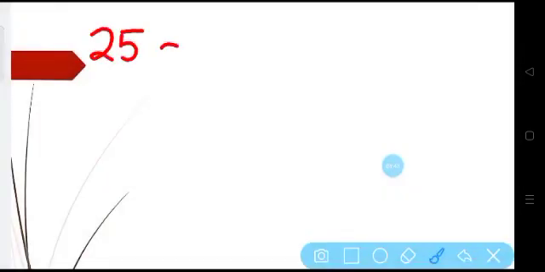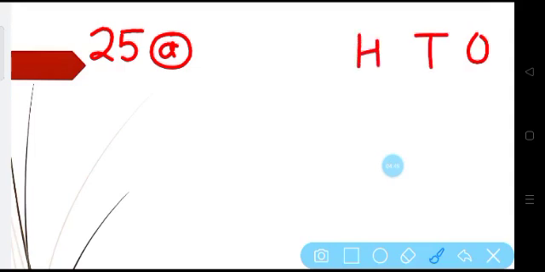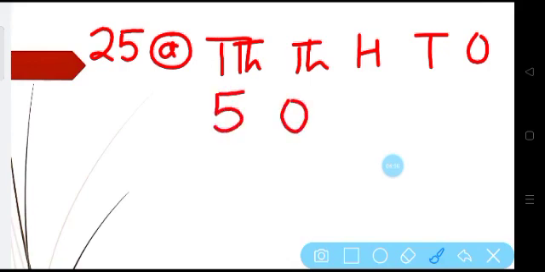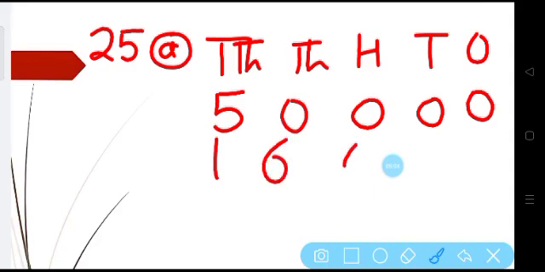Ones, tens, 100, 1,000, 10,000. 5 10,000s means 50,000, and 16,000 they have given you. So you have to now subtract them.